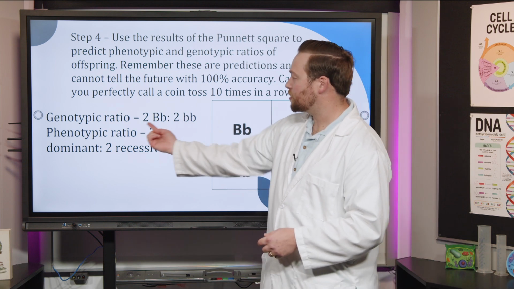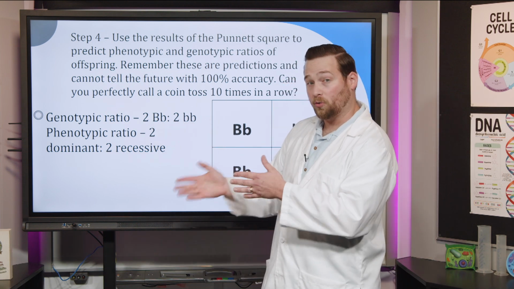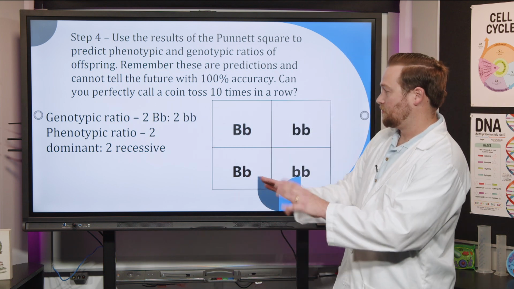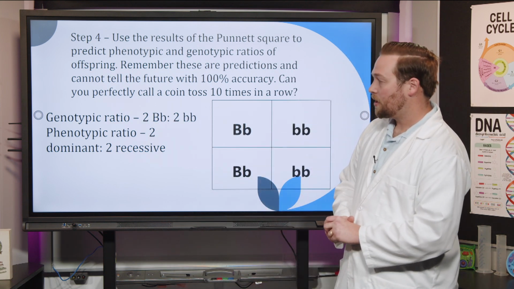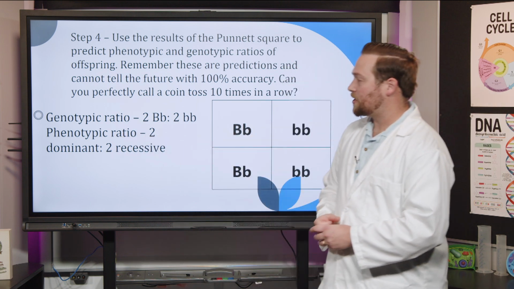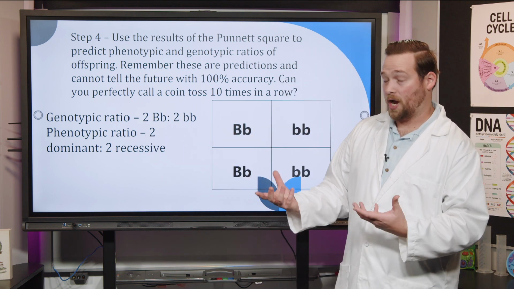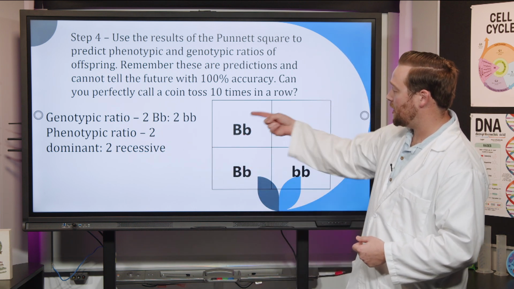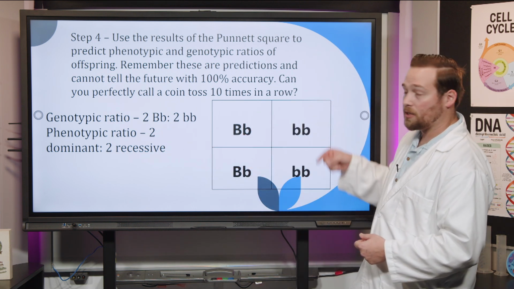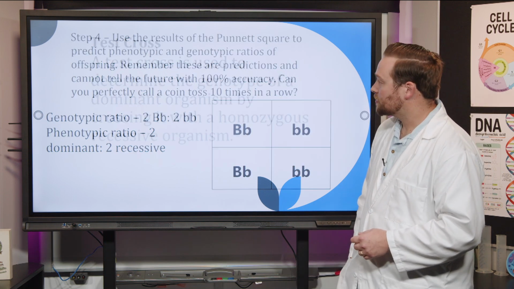Depending on your teacher, you might want to reduce this to a 1-to-1 ratio, but for now, it's okay to write it like that as the ratio. Okay, and then the next one, phenotypic ratio. Remember, the phenotypic ratio is asking for the physical trait. And so here we have 2 that are going to show the dominant trait and 2 that are going to show the recessive trait. Okay, great work on that.